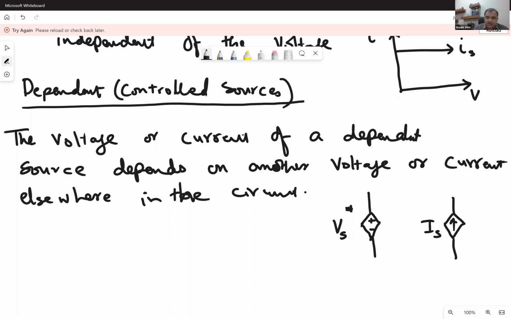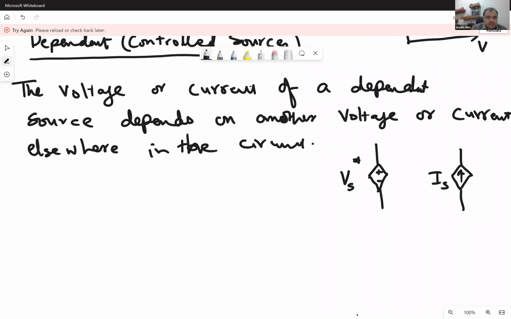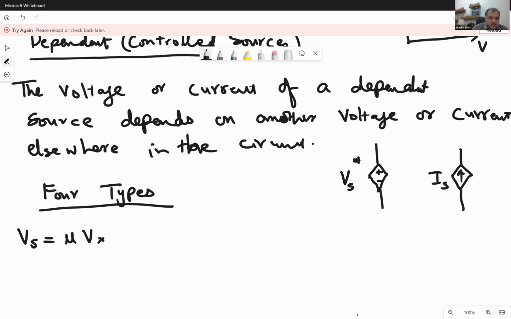Okay, so that's how they are represented. And the four types. So this is a voltage controlled source.